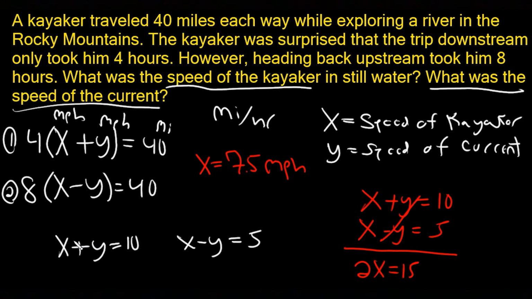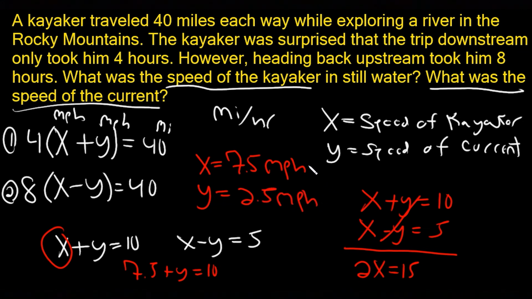So if I plug in a 7.5 into x here, well, I'm going to get 7.5 plus y equal to 10. All I have to do is subtract 7.5 and I'll get my answer. So y is going to be 2.5. So I'm going to write here y is equal to 2.5, and again, miles per hour. That is going to be the speed of the current. And this problem's done. Right, here it is.